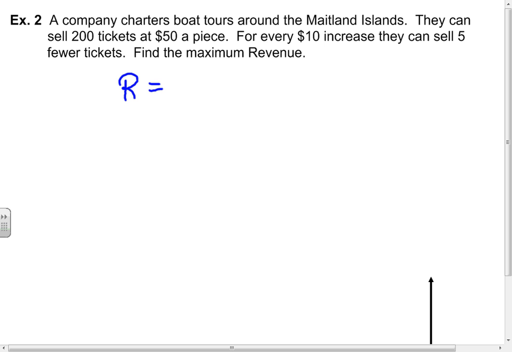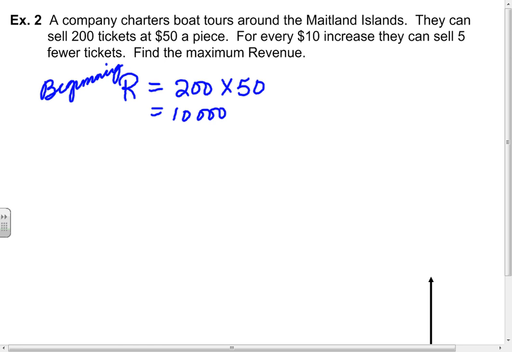I start from what happened at the beginning. At the beginning, they sold 200 tickets at $50 a piece. So at the beginning, they made $10,000. Okay. But what happened was they decided to up the price but lower the number of tickets and hopefully make more money.